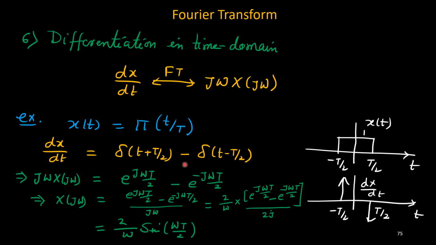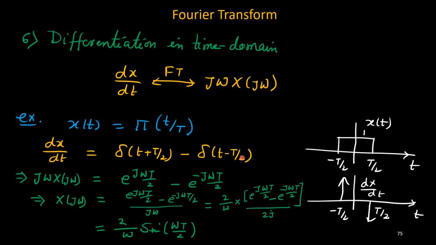Now I can take the Fourier transform of this equation on both sides. The left side, using this property, will be j omega times X of j omega, and we already know the Fourier transform of this one, del t. The Fourier transform of del t is 1, but it is time shifted. It's a time advance by T by 2, so there's a phase advance, e to the power j omega T by 2, and the spectrum of del t is 1, which I have not written.